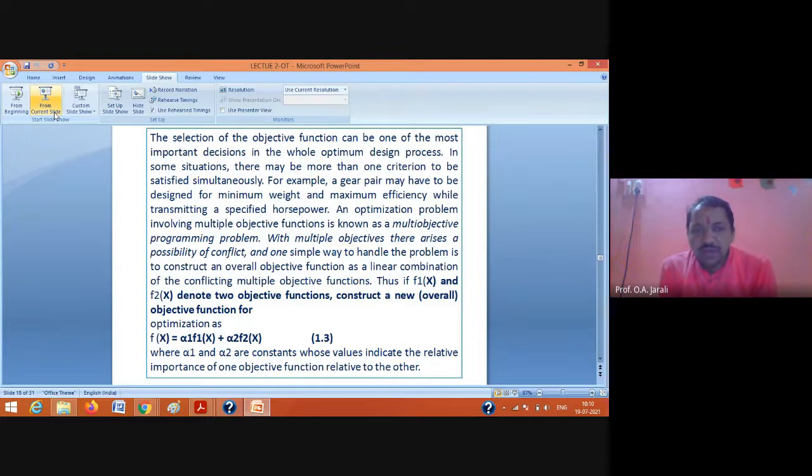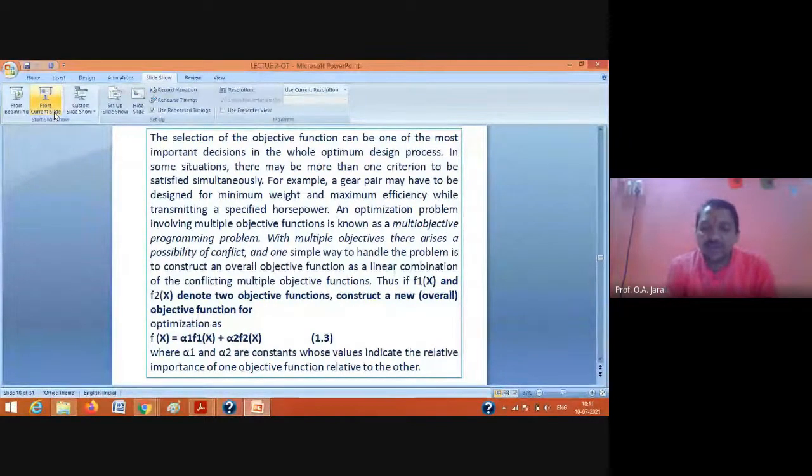An optimization problem involving multiple objective functions is known as a multi-objective programming problem. With multiple objectives, there arises a possibility of conflict, and one simple way to handle the problem is to construct an overall objective function as a linear combination of conflicting multiple objective functions.